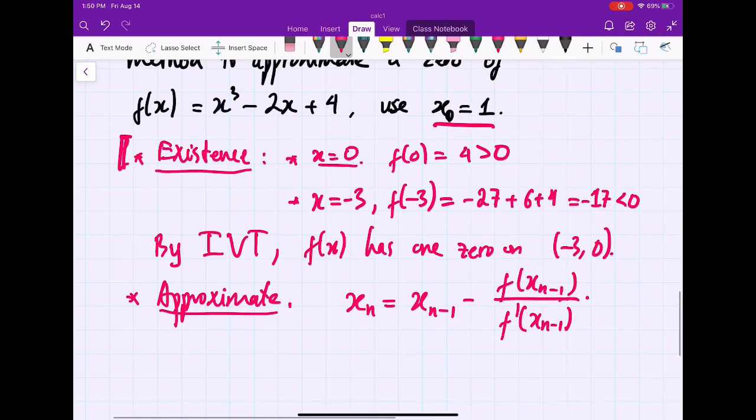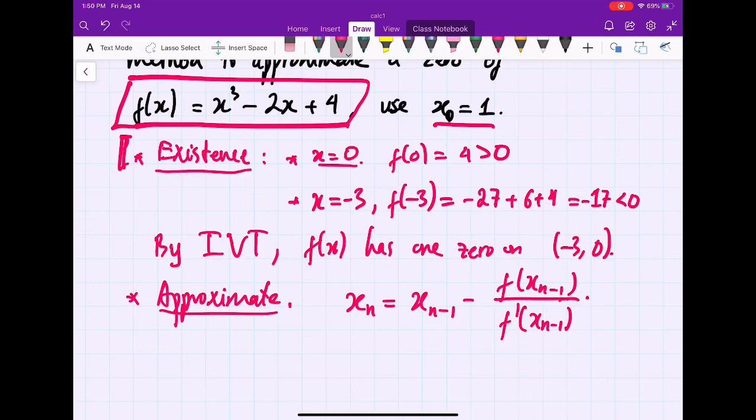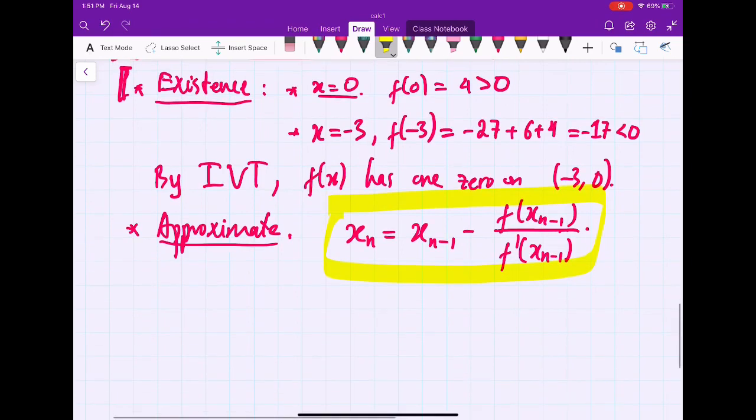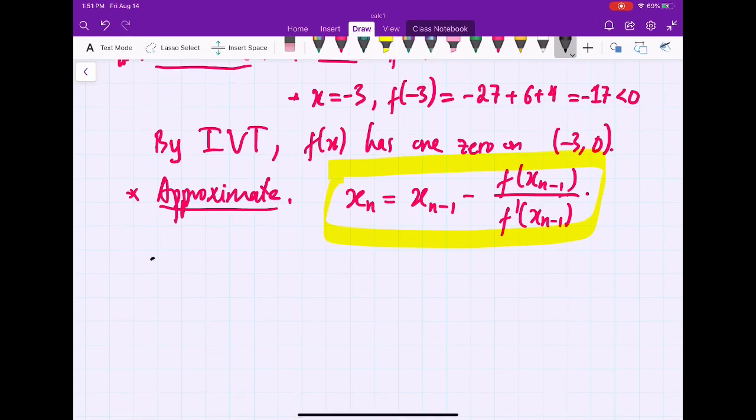Our function is good because this is a polynomial, and any polynomial is differentiable, so we are good to apply Newton's method. And this is the formula we just worked out previously. So now I just need to calculate x1, x2, and x3, because they ask us to find 3 iterations. So let's do this.